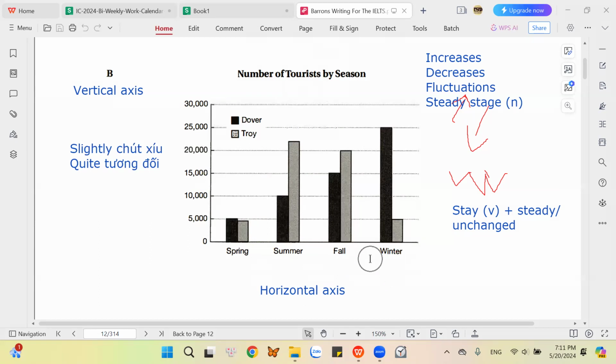From spring to winter, we can see that tourists are increasing. But for Troy, the number of tourists is not stable. Somehow the number of tourists increases, decreases, or stays steady. So please look at the graph and try to find the words to describe the graph together.